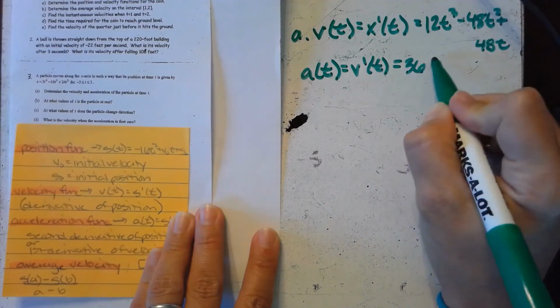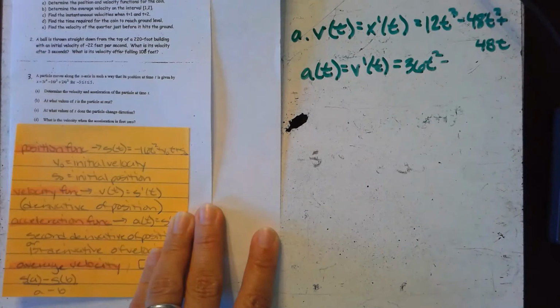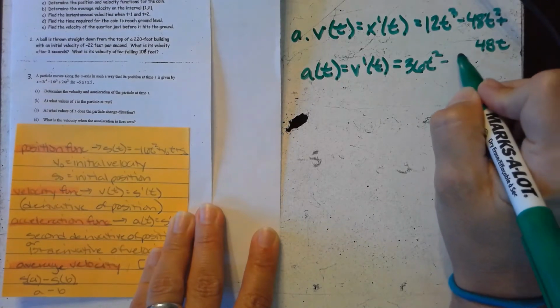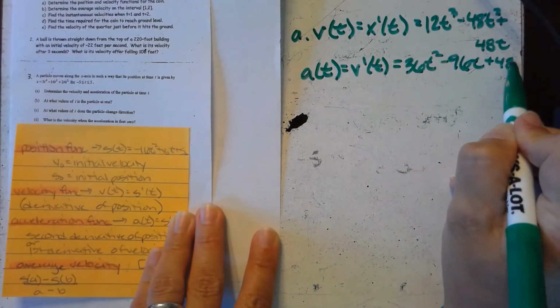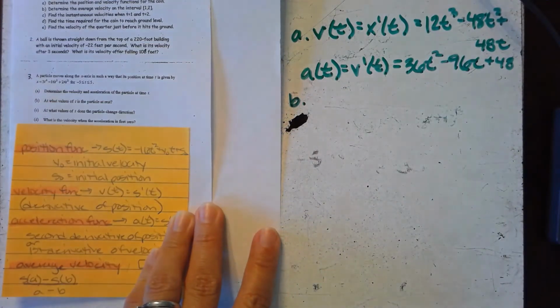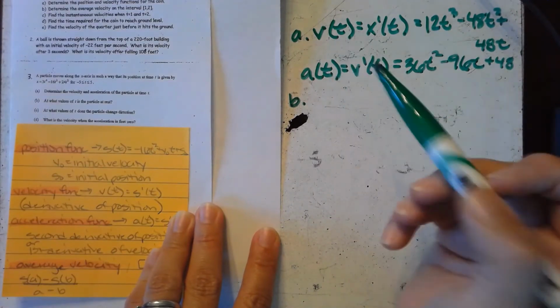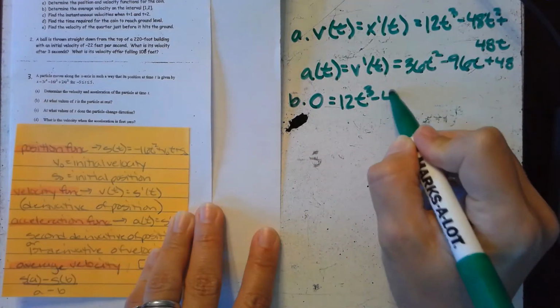This is 36 t squared minus 48 times 2 is 96, so 96 t, and then plus 48. Moving right along. At what values of t is the particle at rest? The particle is at rest when the velocity function is set equal to 0.